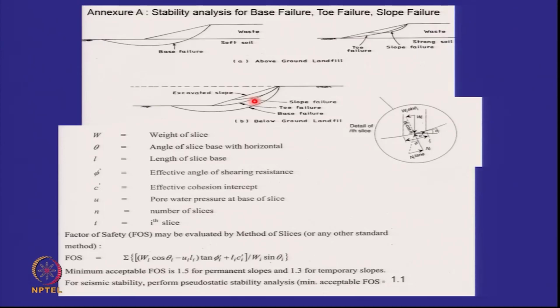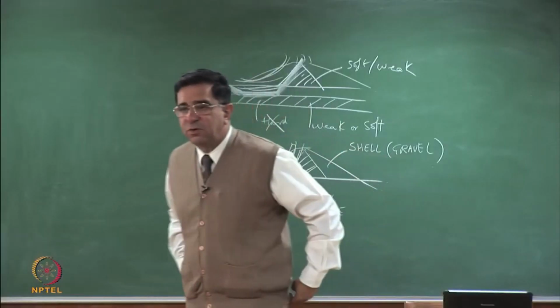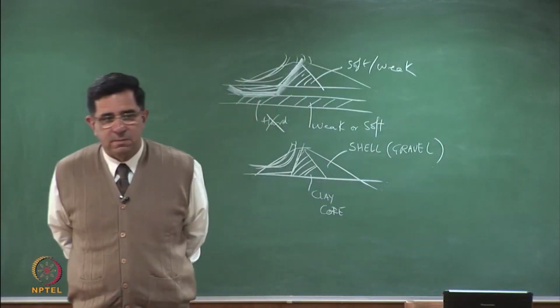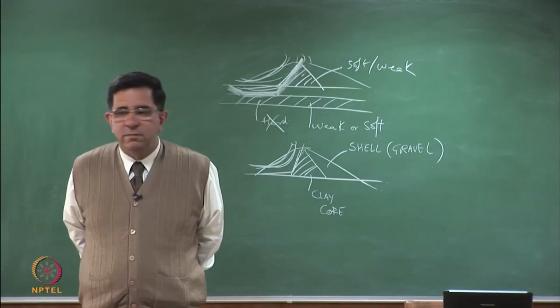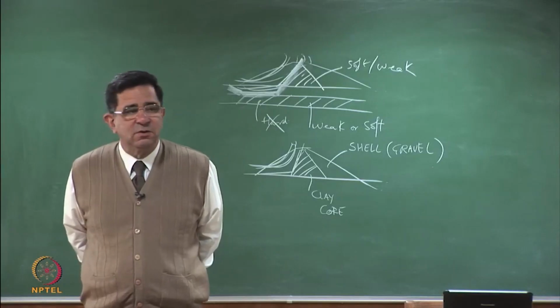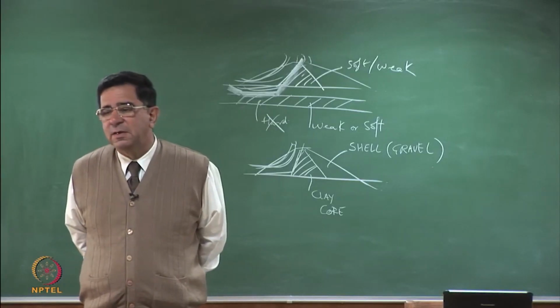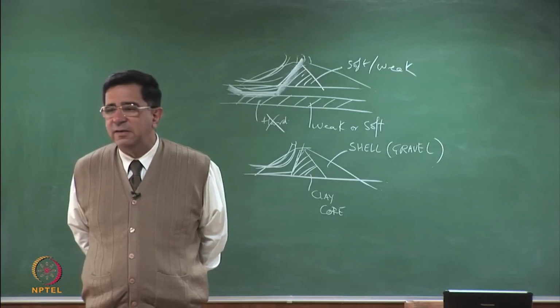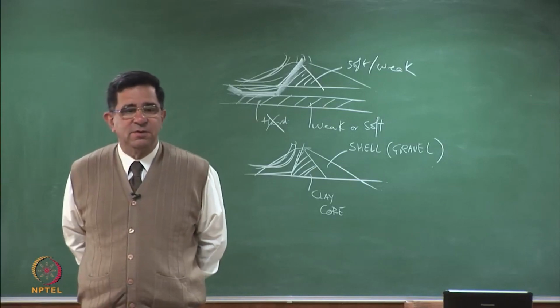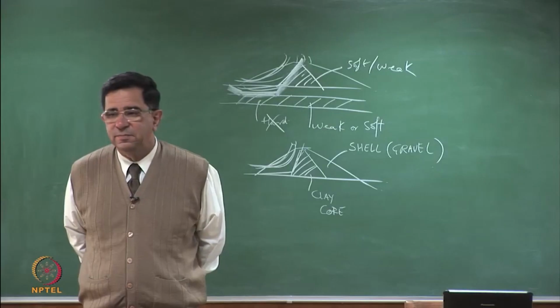What do you think are the shear strength parameters of waste, and how would you determine the properties? We know how to determine shear strength parameters of clays, silts, and sands. How do you determine shear strength property of sand?